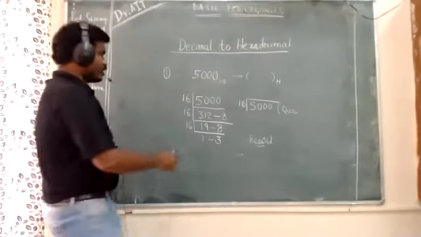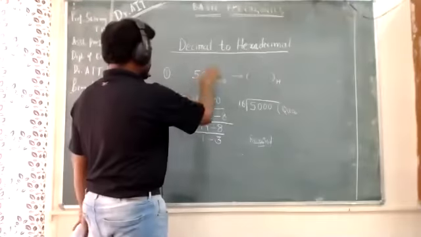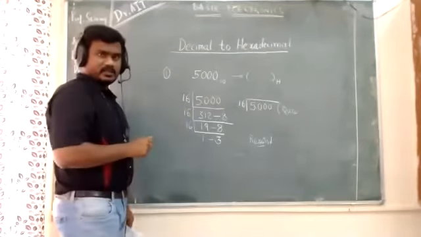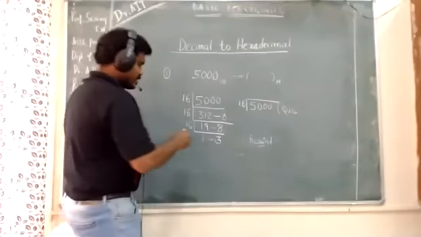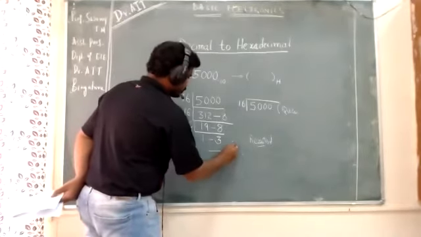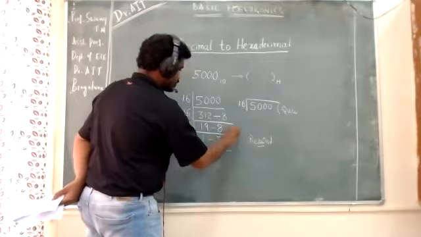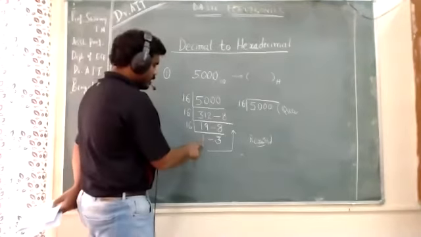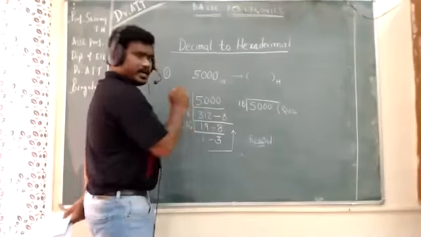So now I got for the decimal number 5,000. What is the hexadecimal equivalent? I have to move from bottom to top like this. So you have 1, 3, 8 and 8.